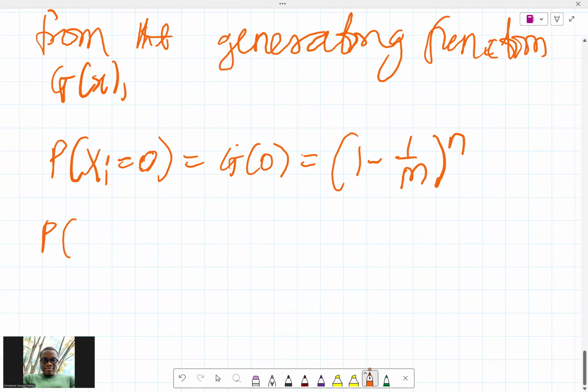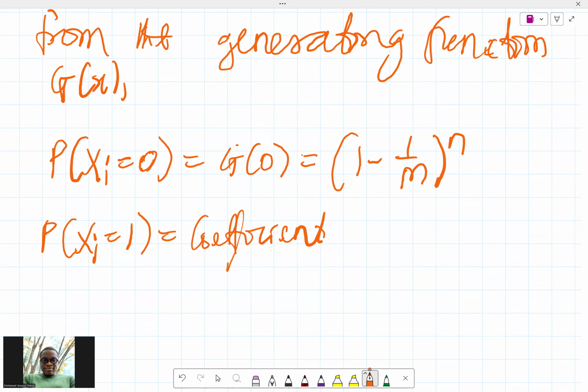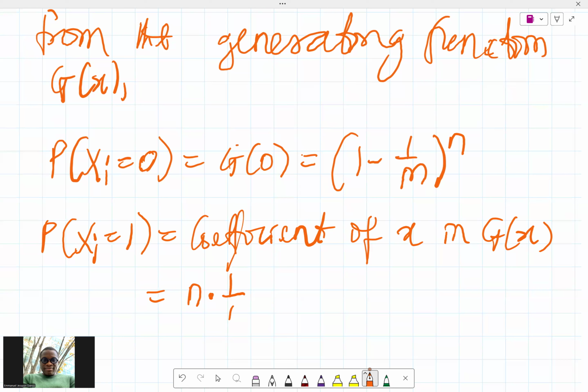Then the probability that xi is equal to 1 will be equal to the coefficient of x in g of x. That is the same thing as n multiplied by 1 over m multiplied by (1 minus 1 over m) raised to the power n minus 1.